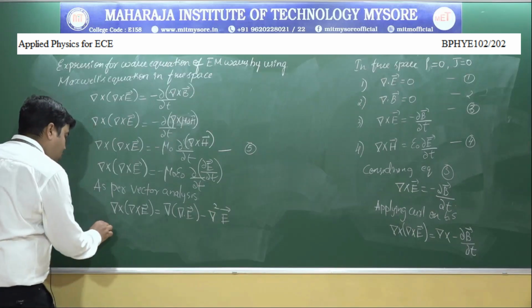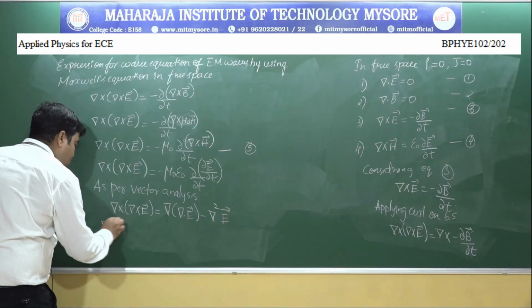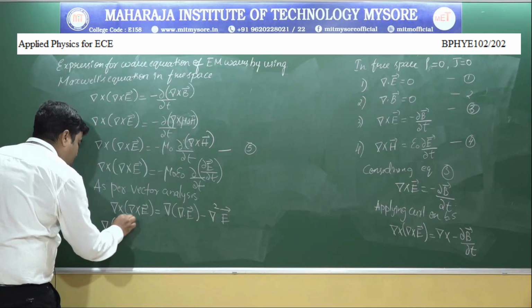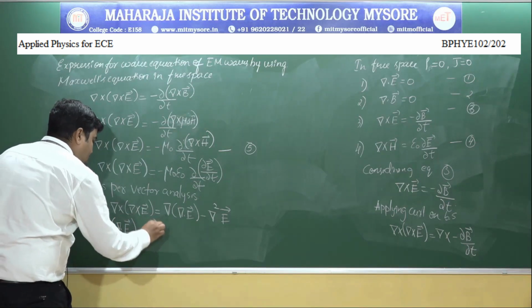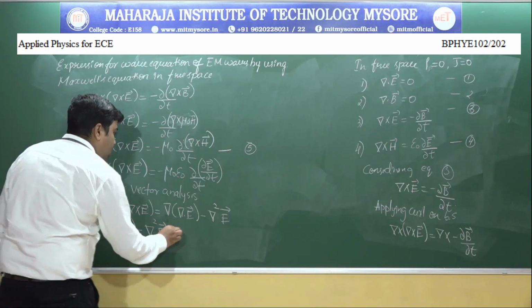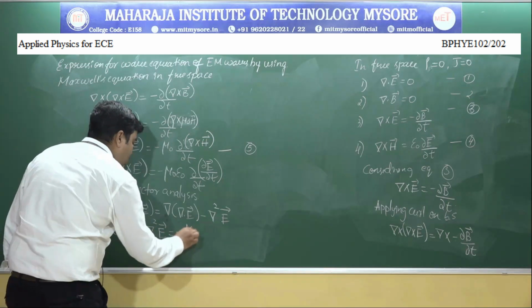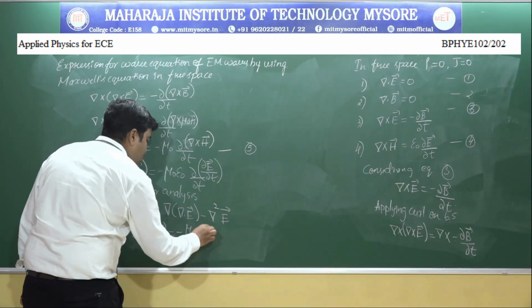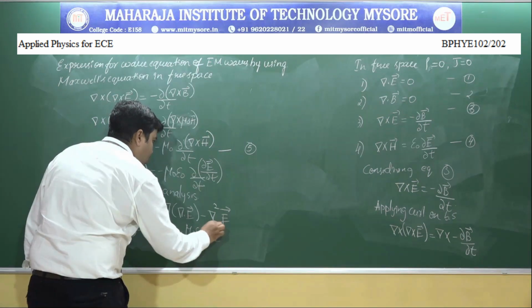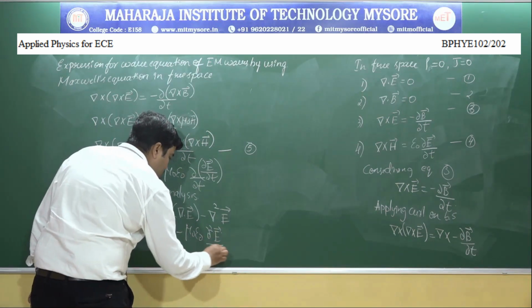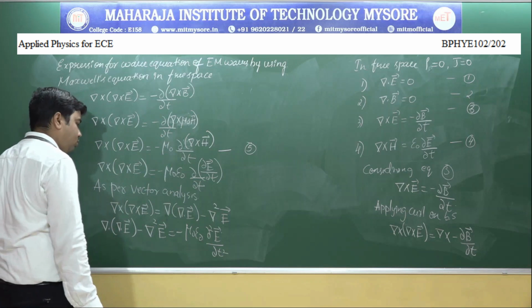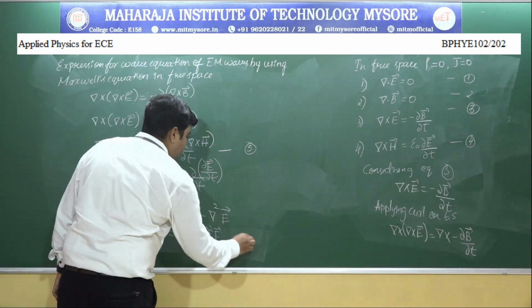So, this becomes grad of del dot E minus del square E is equal to minus mu naught epsilon naught dou square E by dou T square. We will call this equation 6.